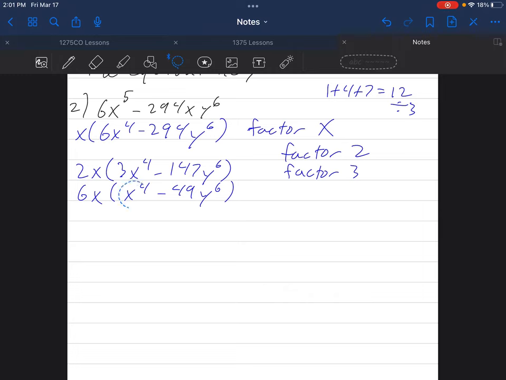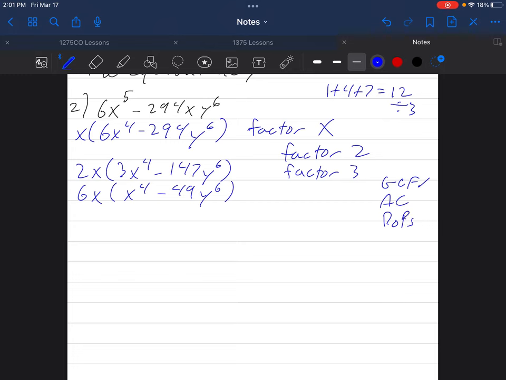And can we factor anything else? This says x to the 4th. This says 49y to the 6th. There is no common variable. There is no other common divisor for any of these coefficients. Does that mean we are done factoring? No, because once GCF is done, there's AC method, which this is not, because an AC method is quadratic.